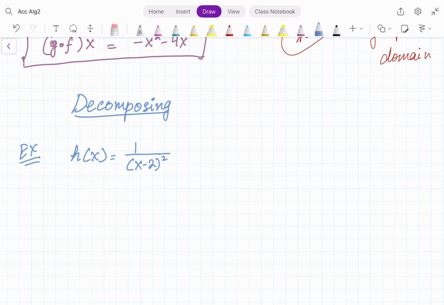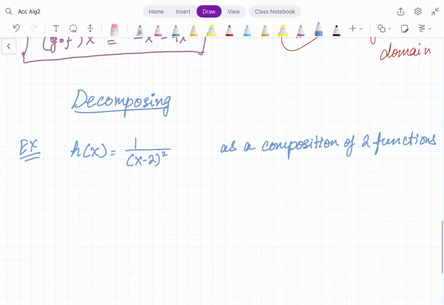To understand decomposing, we need to look at the function and identify what could be the inner function and what could be the outside function. So we have x minus 2, right? So we are writing it as a composition of two functions. In the denominator we have x minus 2. Can I say let g of x be x minus 2?